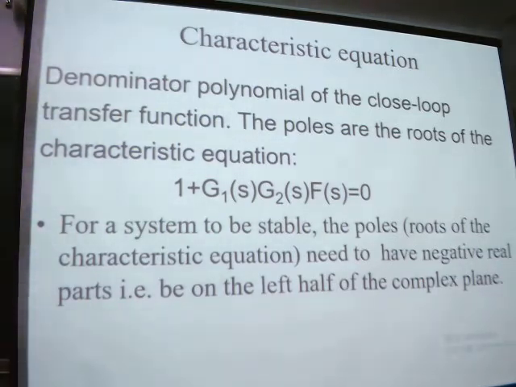So for this characteristic equation, if the poles have negative real parts, that means the poles P1, P2, P3, P4 are on the left of this complex plane.